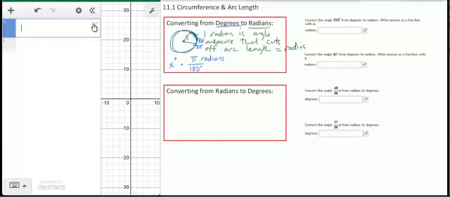And so this right here is your conversion. You multiply by pi radians over 180 degrees. And if you're starting with radians, the conversion would need to cancel radians, so the pi radians would be in the denominator and 180 degrees in the numerator. And so this would be your conversion from radians back to degrees.